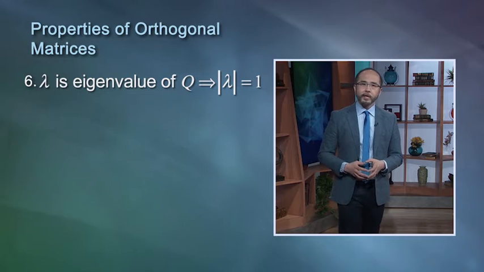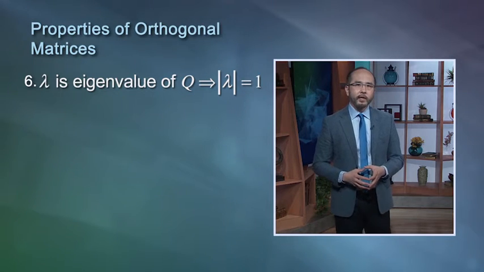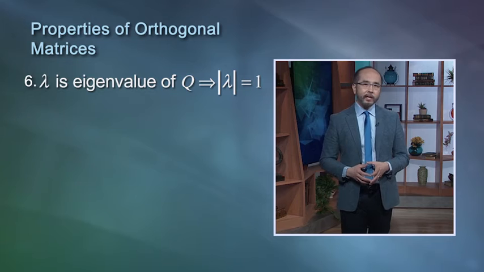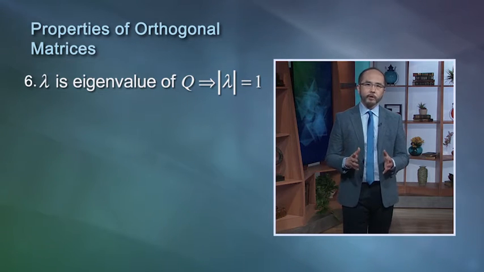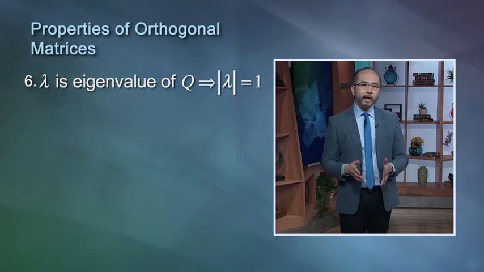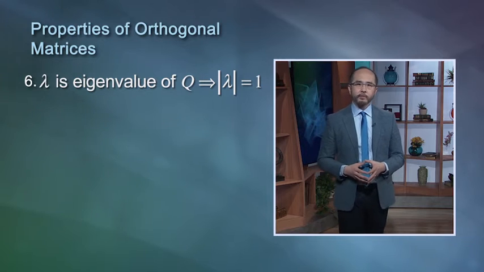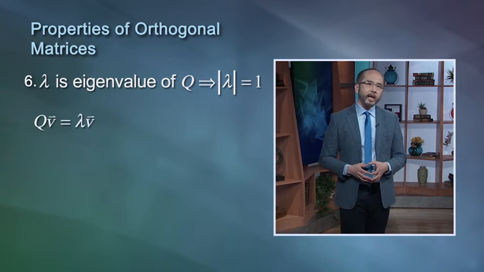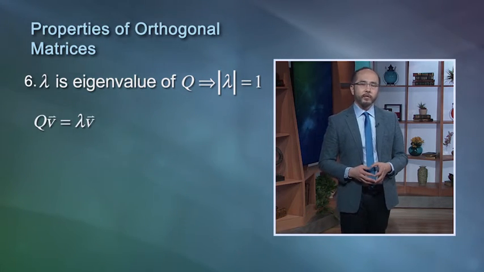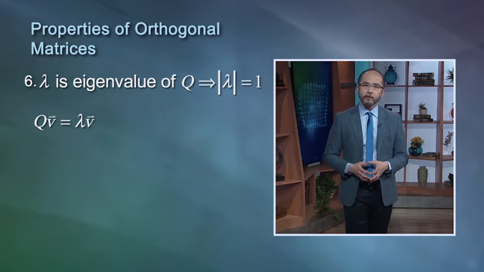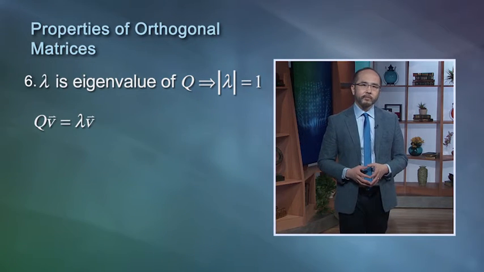A sixth property of an orthogonal matrix Q is that if lambda is an eigenvalue of Q, whether real or complex, the absolute value of lambda is 1. You can see this from the eigenvalue property Qv equals lambda v for some non-zero eigenvector v.